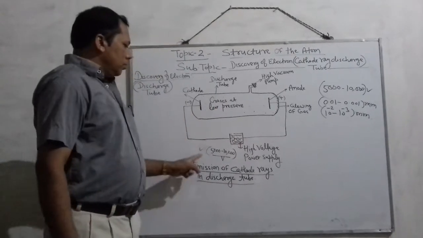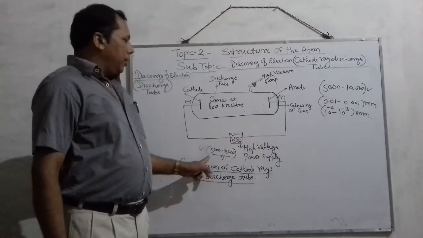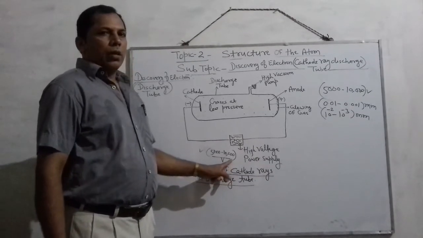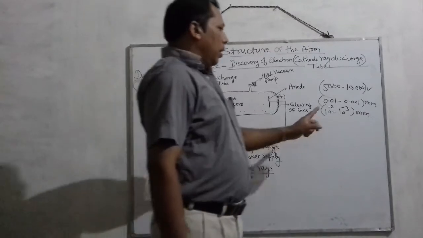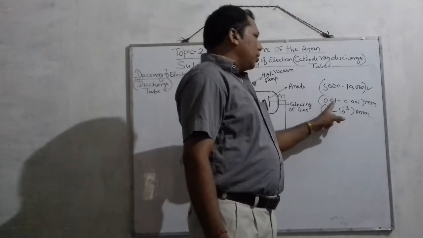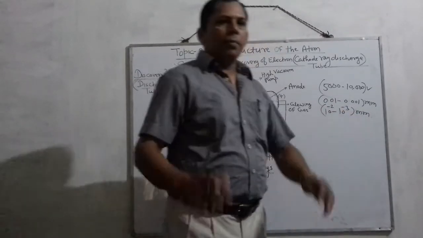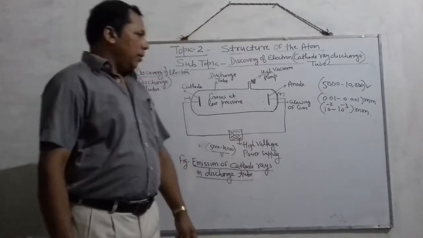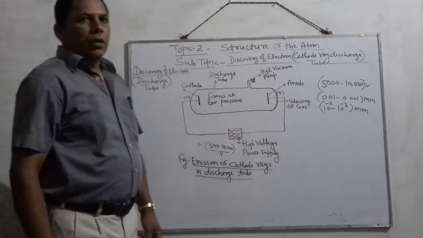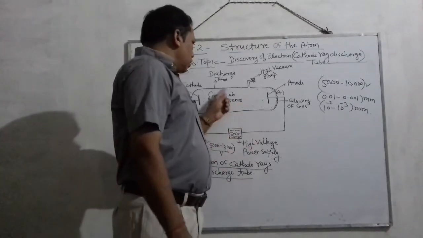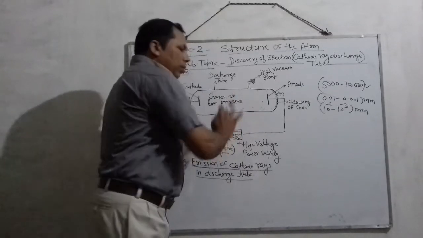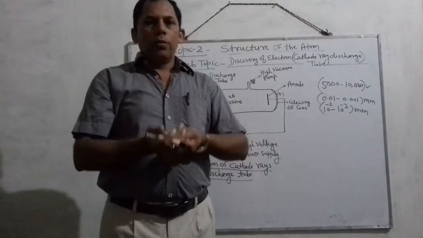By passing high voltage supply, of the order 5000 to 10,000 volt, at very low pressure, 10 to the power minus 2 to 10 to the power minus 3 millimeter, the pressure of the gas present inside the tube becomes quite low.